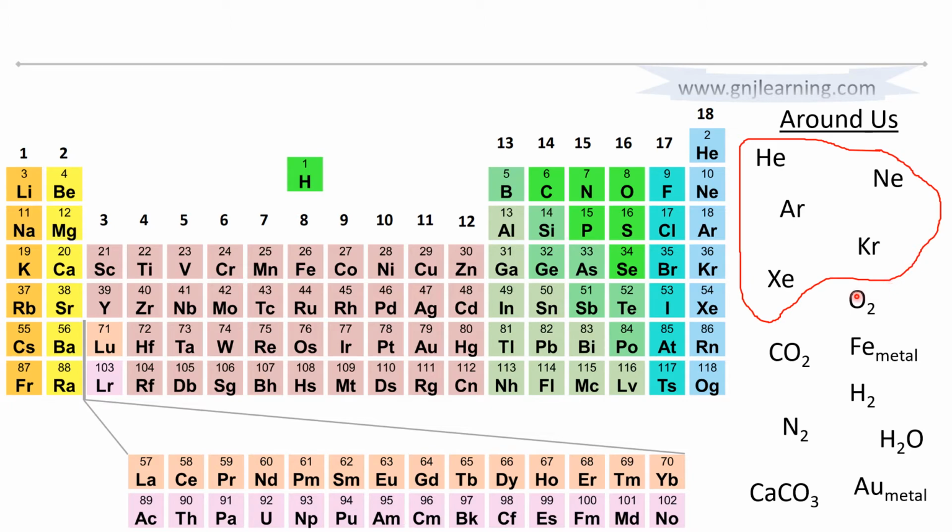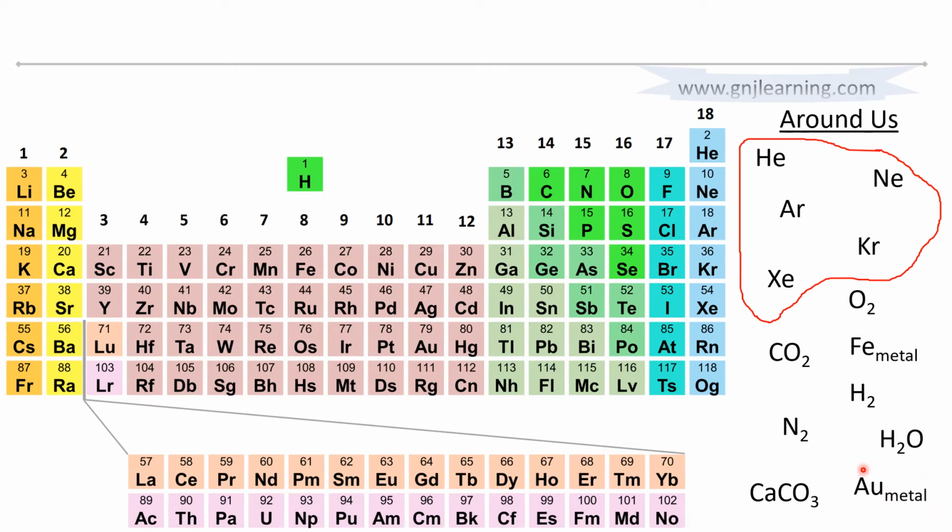I can mark them separately. These are the only elements that can exist in their atomic form. Of the rest, you will never see oxygen as an atom under normal conditions, that is, the conditions we see around us. Clear? Then carbon dioxide. Again Fe, though it is shown as an atom, can exist only as a cluster inside a metal. Same is the case with gold.